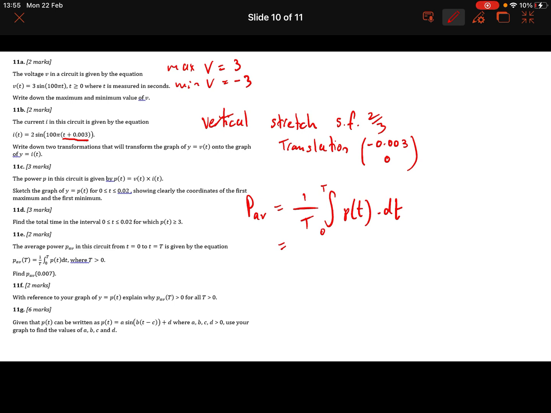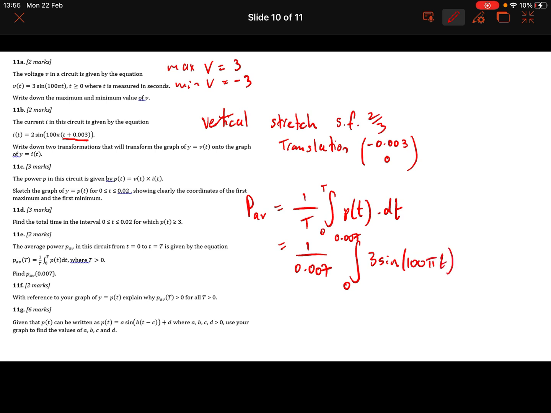Integral of 0 to 0.007 of your power function, which is 3 sine of 100 pi t times 2 sine of 100 pi t minus 0.003 with respect to, sorry, it's plus, wasn't it?